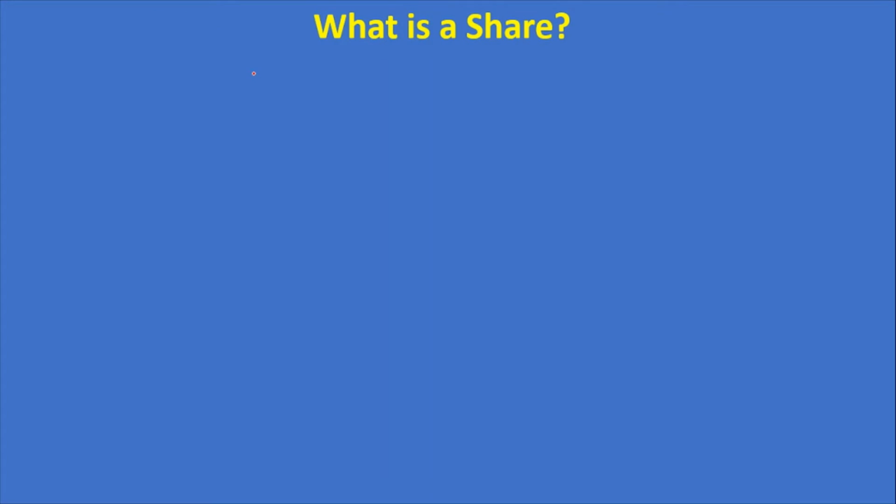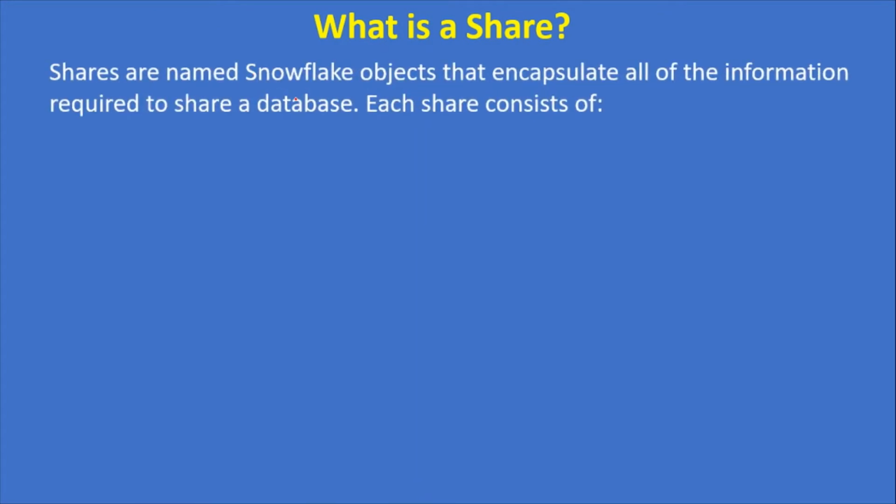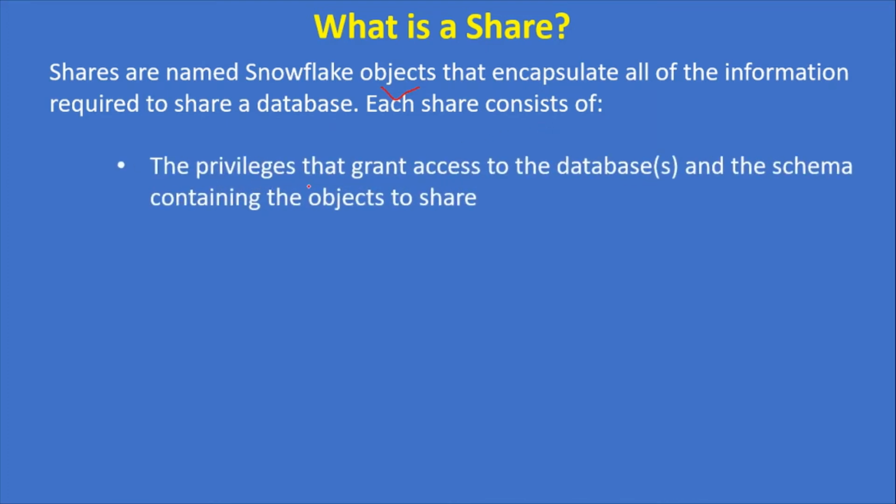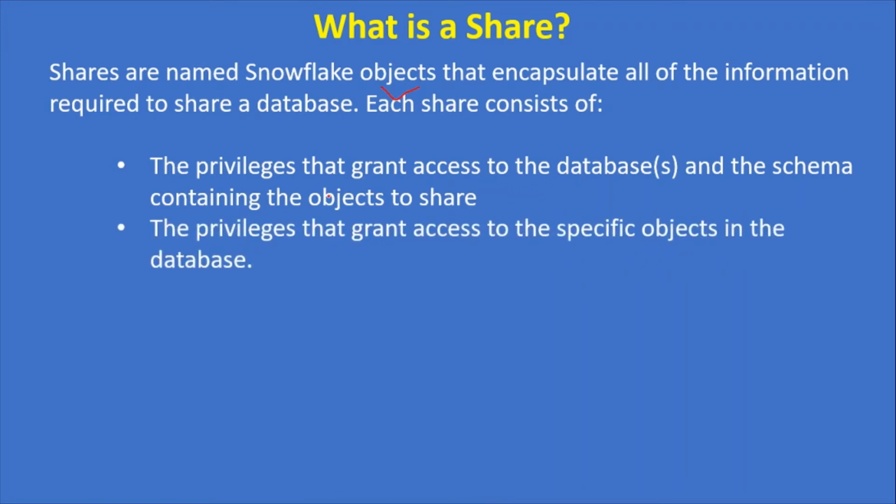So now, what is the share? Shares are named Snowflake objects, like a table is an object. In a similar way, shares are named Snowflake objects that encapsulate all of the information required to share a database. Each share consists of privileges that grant access to the databases and the schema containing the objects to share. So you need to provide the privileges.